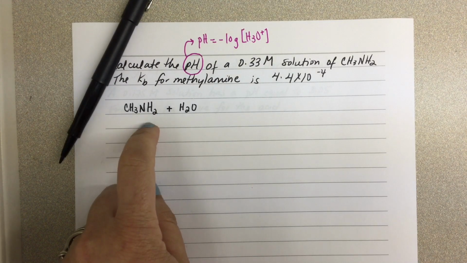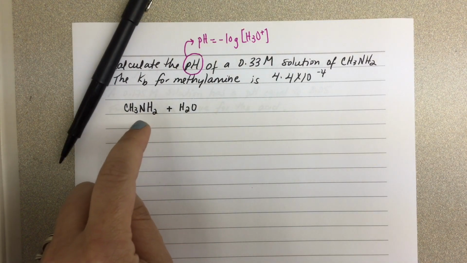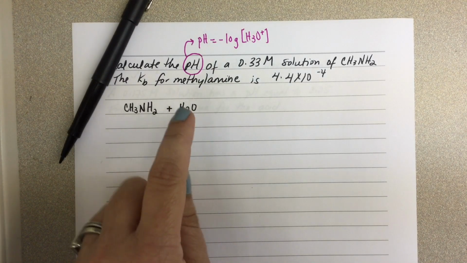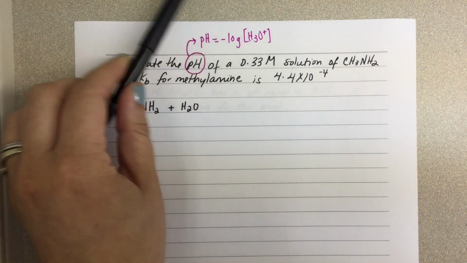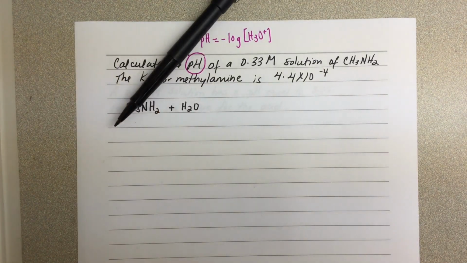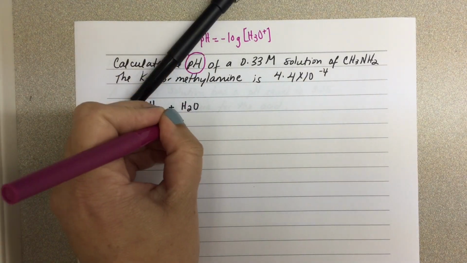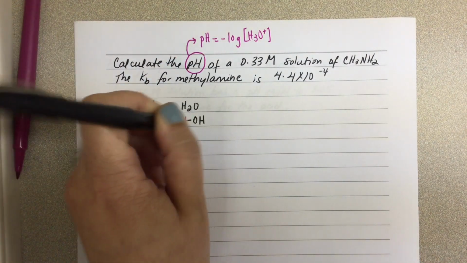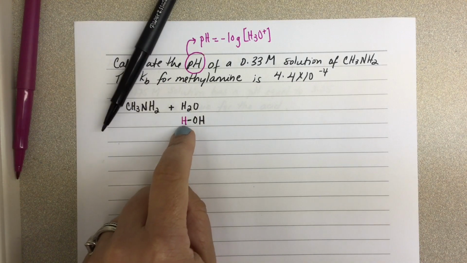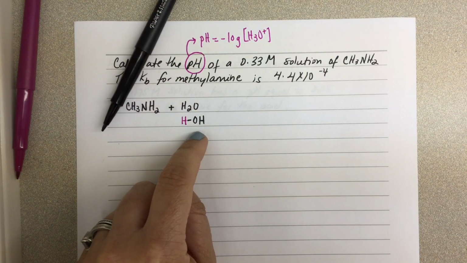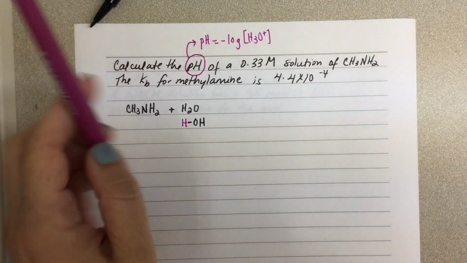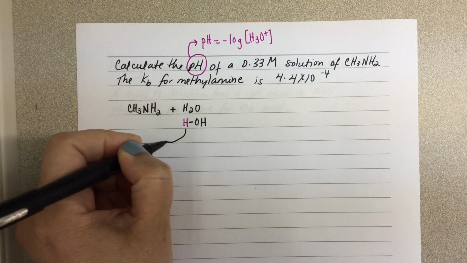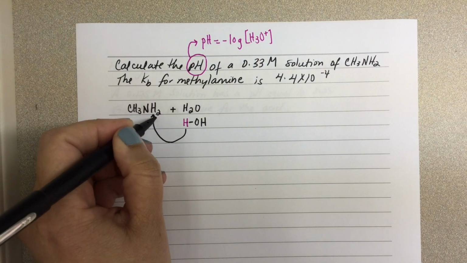A weak base is going to be accepting a proton. The proton is coming from your water molecule, so I'm going to write down your water molecule as I did before: HOH. You have the positive part, which is your proton, and the negative part, which is your hydroxide.